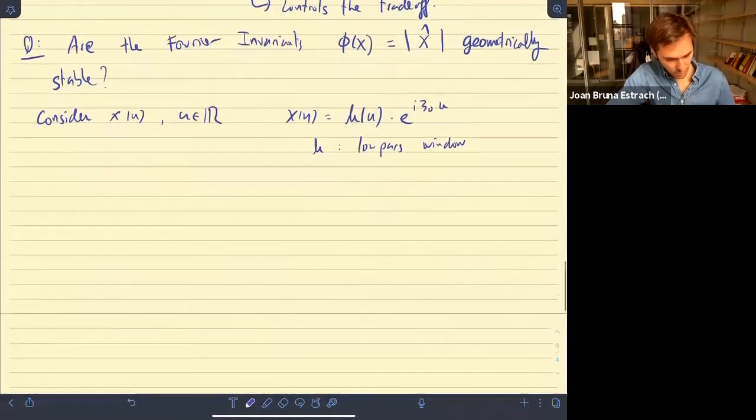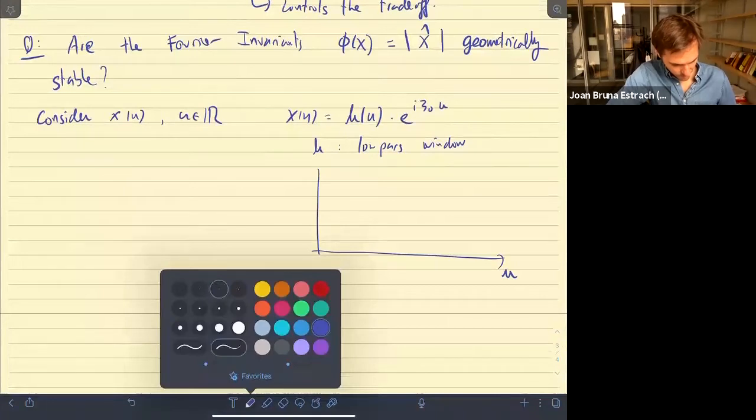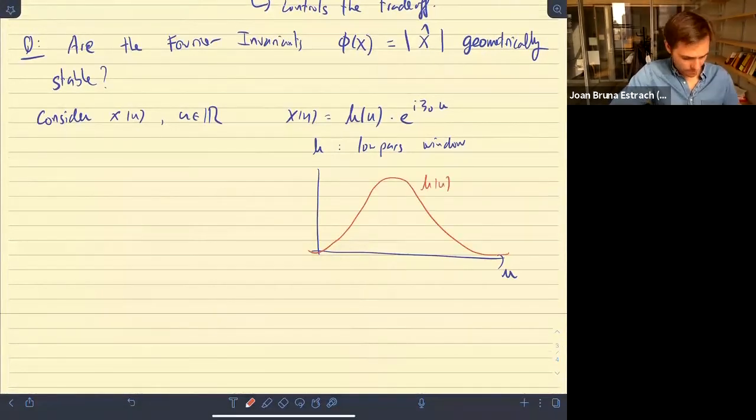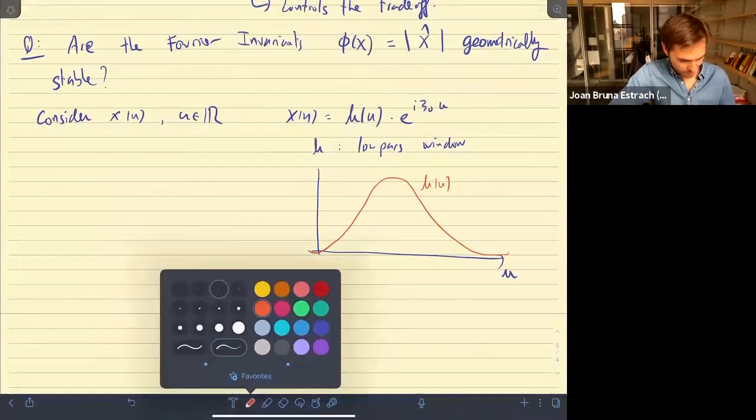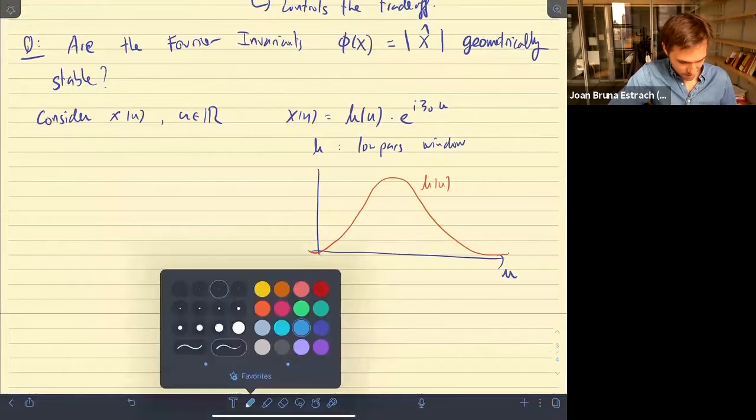Okay, so let me just try to illustrate this in a picture. Right, so I consider U to be here, to be real, and then I consider a window that is this H of U. Now what I'm doing is I'm just multiplying, like modulating, this window by sine and cosine, right?